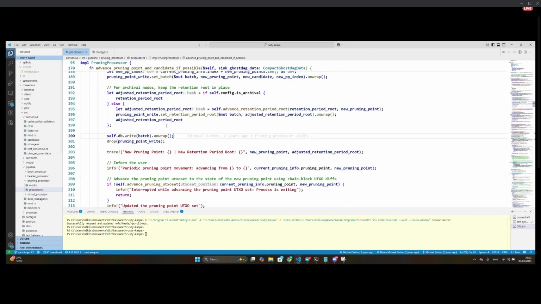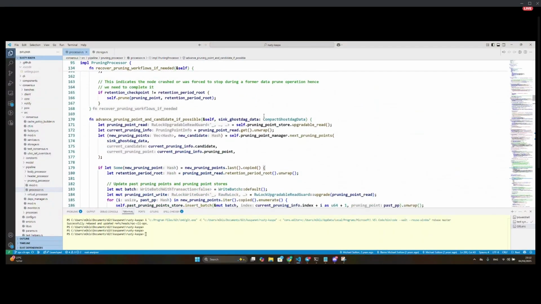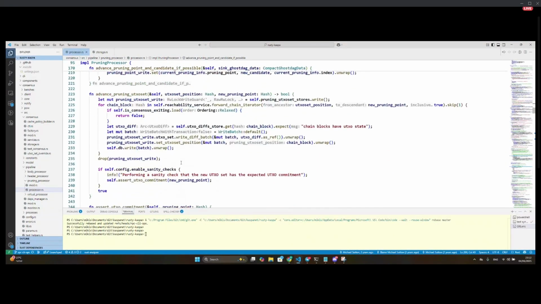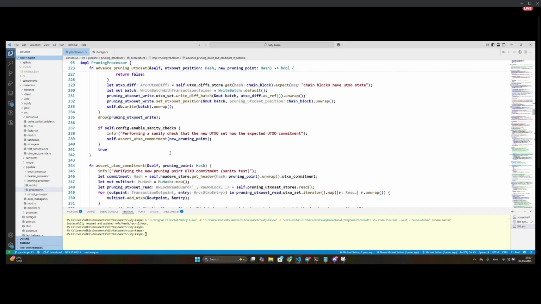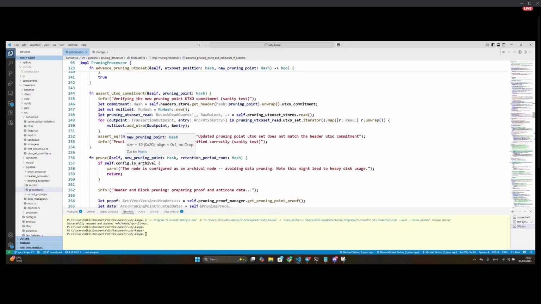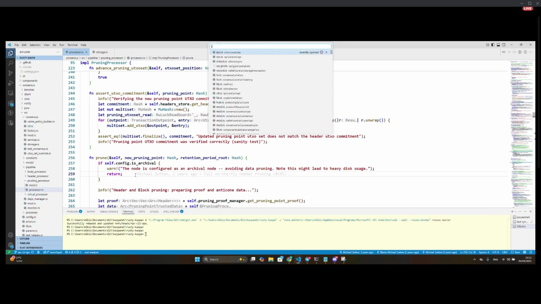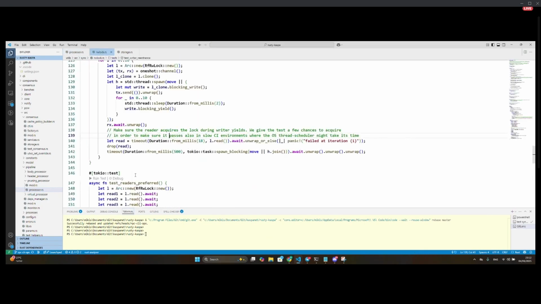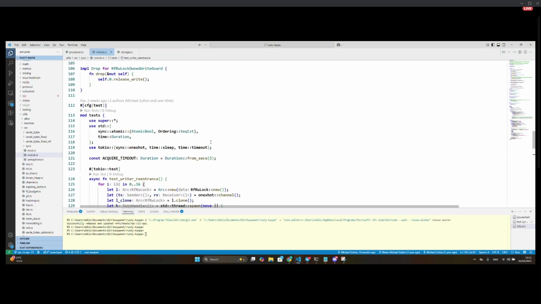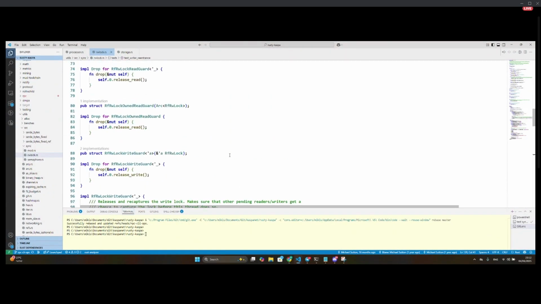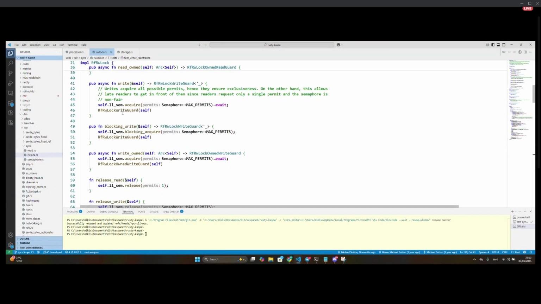So this global lock is passed all around. It's actually a custom implementation. Nice, I think I've seen it. So you let the other one starve, right? If you're reading, the writers won't interrupt the readers.